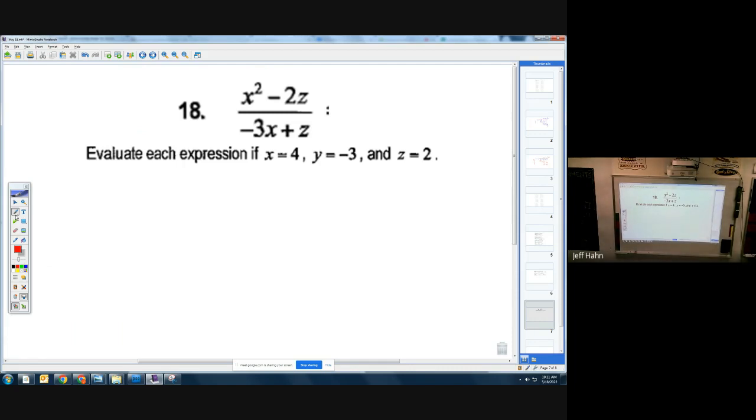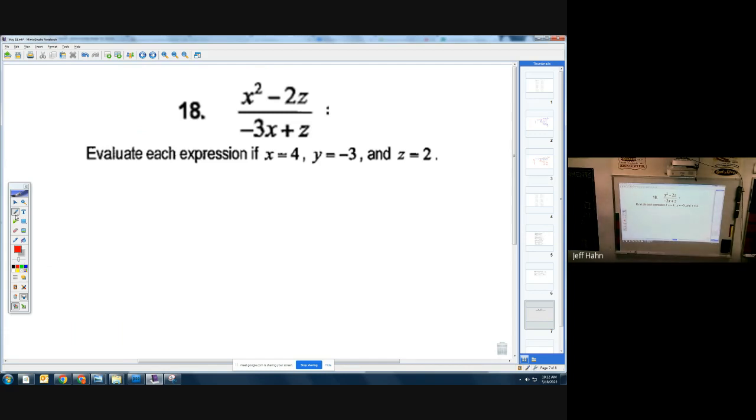I got that. Which one? 19. You have to see that y is negative, that has to be in parentheses. Otherwise, because it's supposed to run against positive, you've got to put the negative in parentheses.